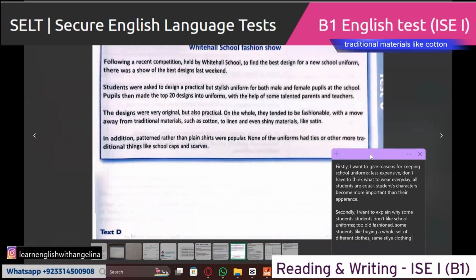Traditional materials, like cotton. Tell me, what should I write?